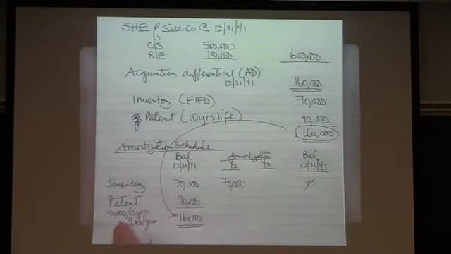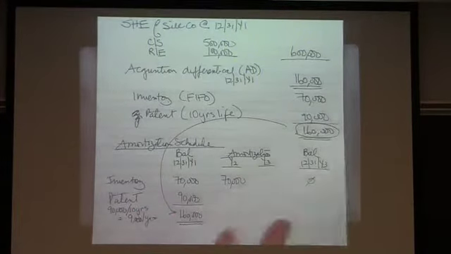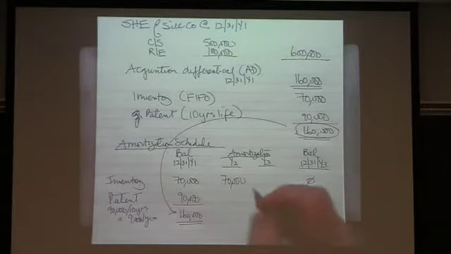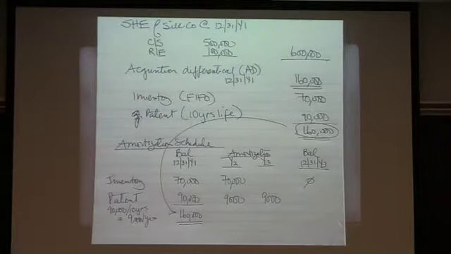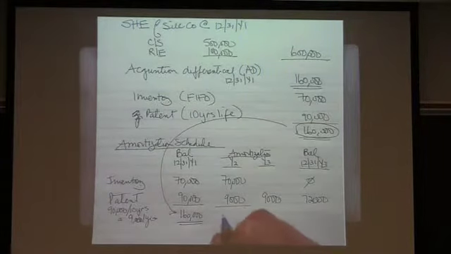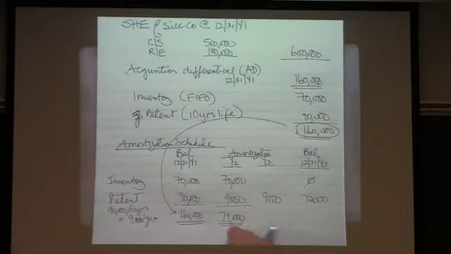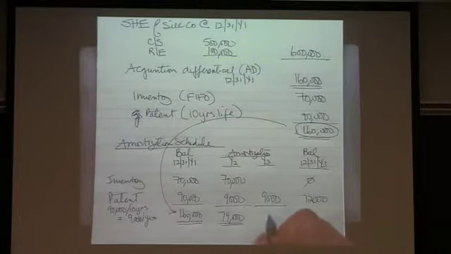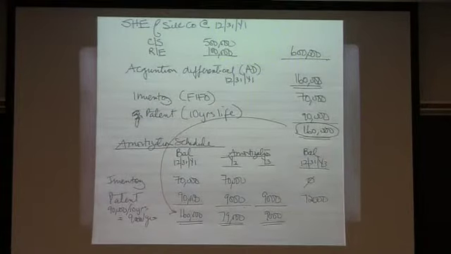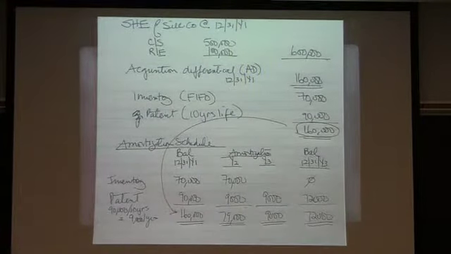Now, there's amortization. Remember, we bought it on December 31st, year 1. So we've got a full year amortization for year 2. And that is $9,000 for year 2 and $9,000 for year 3. And the remaining net book value of the unamortized is $72,000. So altogether, the adjustment to net income for year 2 is $79,000 and $9,000 for year 3, leaving us an unamortized acquisition differential of $72,000 at the end of year 3.